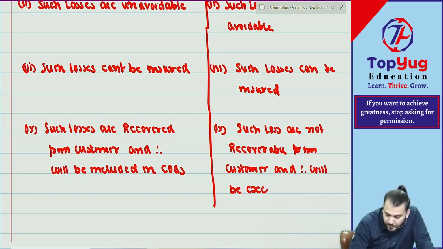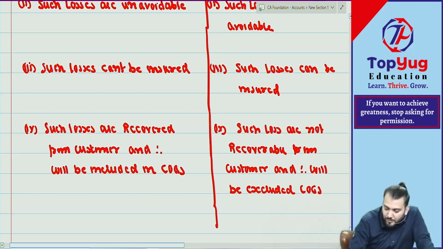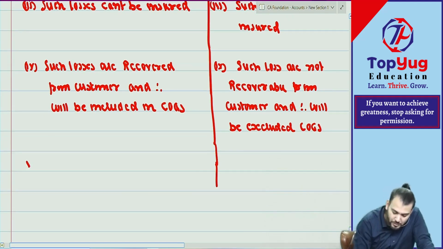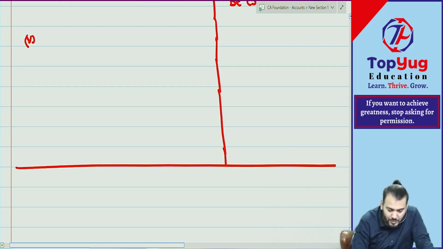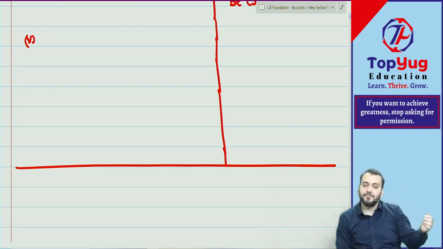Excluded from COGS, will be excluded from COGS. Last point, just leave space because I will ask some point from you. Leave space. 4 or 5 lines you leave.